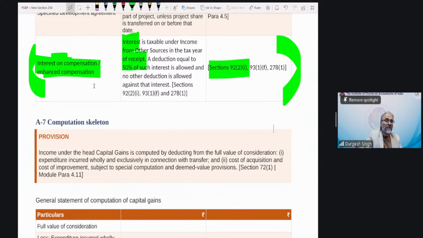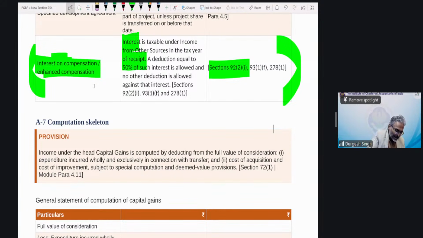Yes. PGBP? No. There is no standard deduction at all in this context. And coming to the head IFOS, there are some standard deductions, but they are not a universal standard deduction for the entire income of IFOS. Only for a few items do we have a standard deduction.